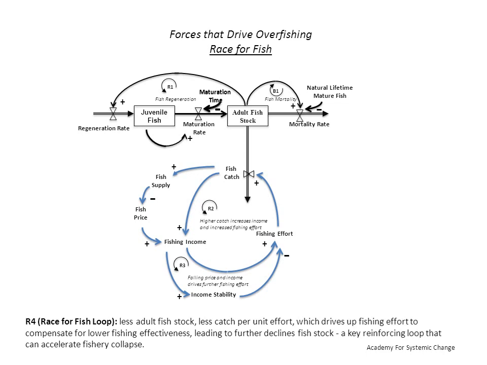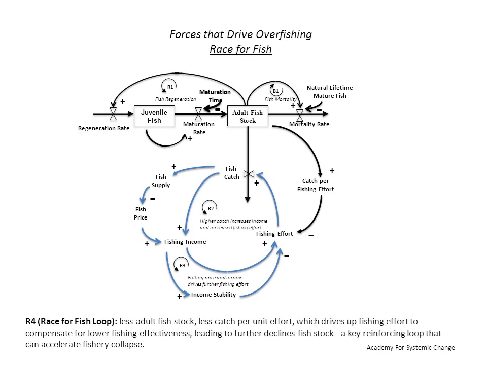As these self-reinforcing dynamics lead to larger and larger fish catches, eventually a new set of dynamics come into play as the adult fish stock starts to go into decline. This last self-reinforcing process is often characterized as the race for fish. And the way it works is as fish catch rises, adult fish stock goes down.